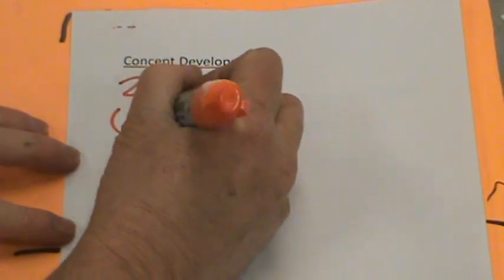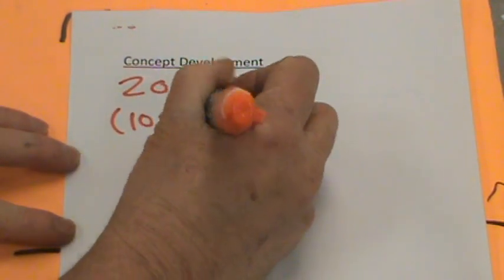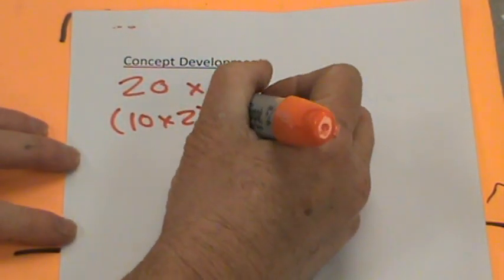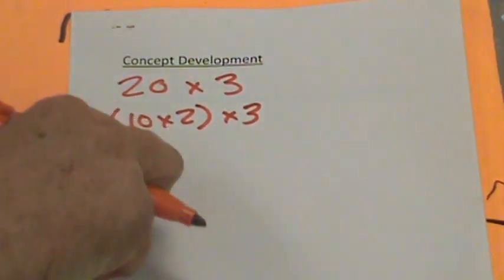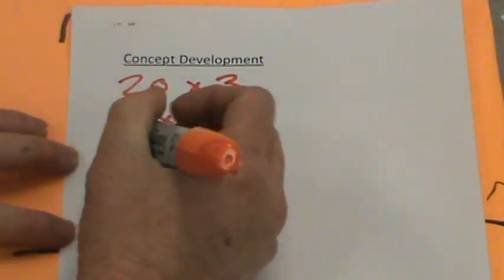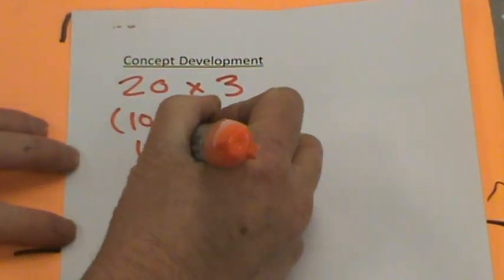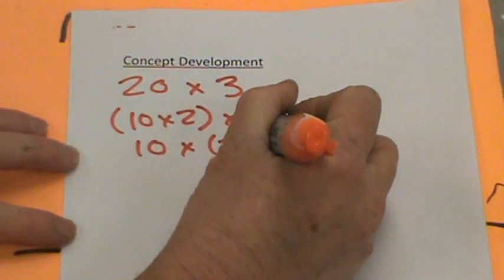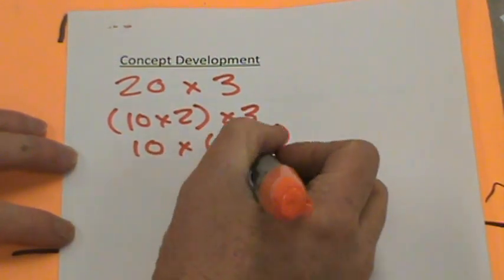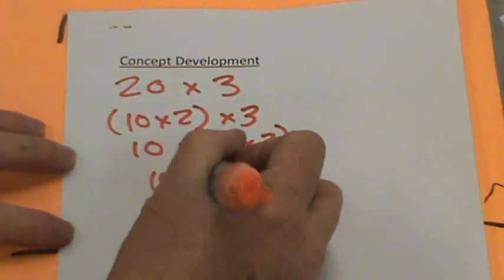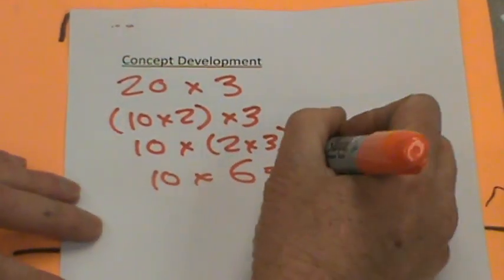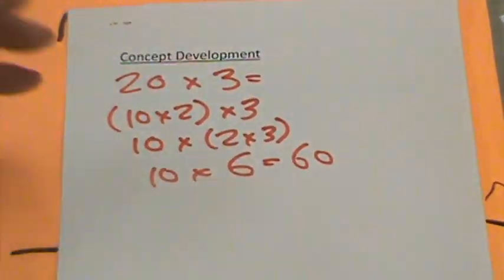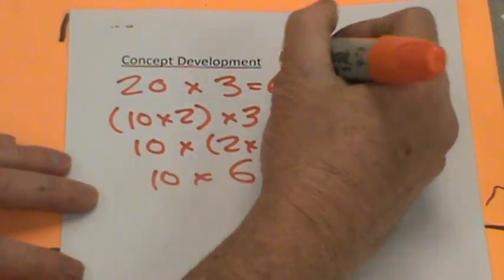We can go 10 times 2 times 3. But we can make it a little easier. 10 times 2 is 20, right? Let's shift it around and go 10 times 2 times 3, right? 2 times 3 is 6, and 10 times 6, 10, 20, 30, 40, 50, and 60. So 20 times 3 is 60.